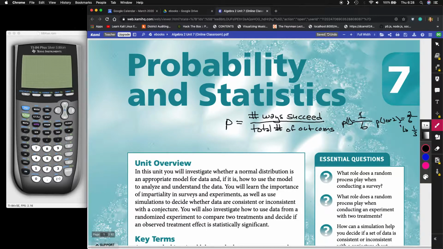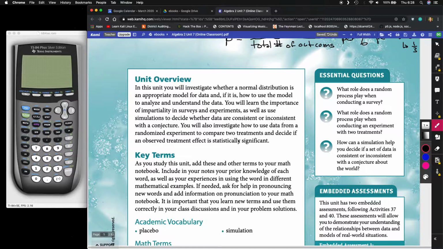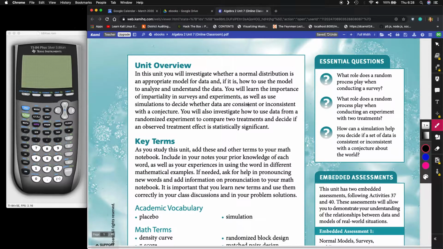All right, so just to get that out of the way, in this unit we're mostly going to concentrate on statistics. Let me scroll down and read through this real quick. In this unit, you will investigate whether a normal distribution is an appropriate model for data. That's really important, whether or not it is normal, because data can be distributed in an infinite number of ways.